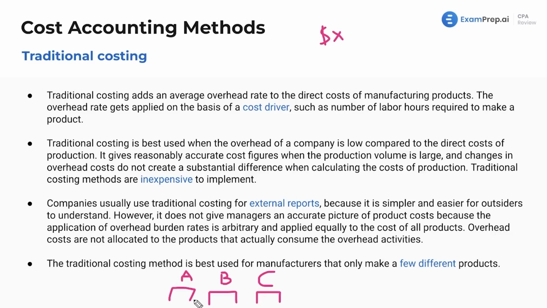We would allocate them based on a driver, such as wattage hours used or units produced using electricity. So that would be kind of what we're talking about here, breaking that down further. Traditional costing method is best used for manufacturers that only make a few different products. There we go. That is traditional costing.